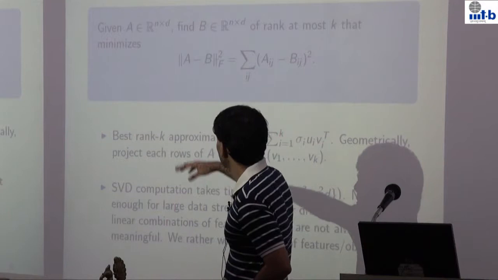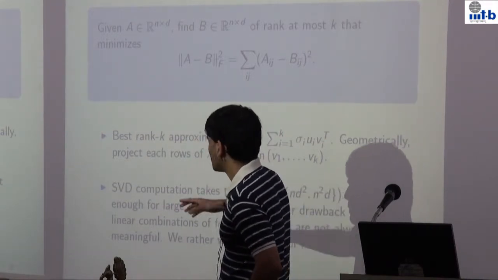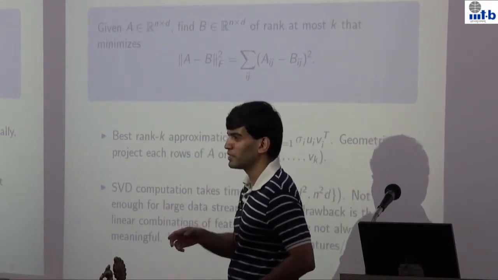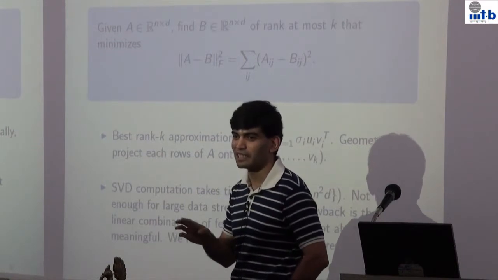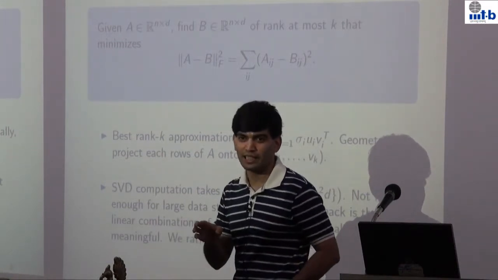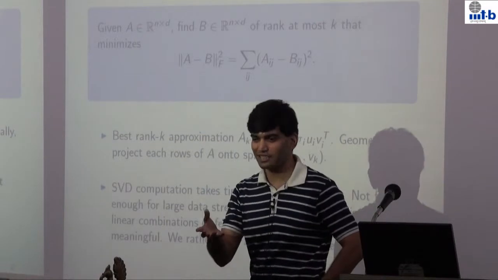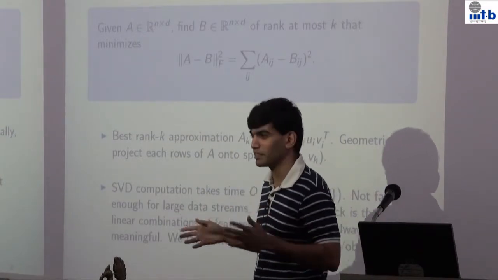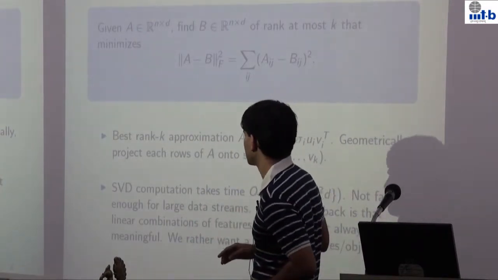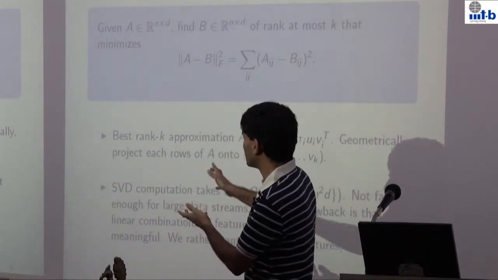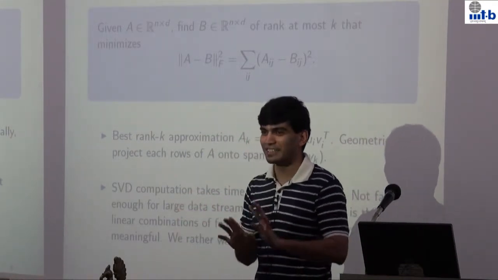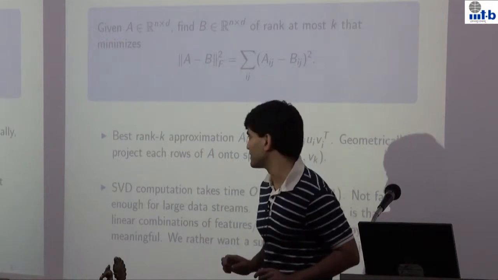Singular value decomposition also has a name in machine learning, which is PCA, principal component analysis. It essentially centers your data and then computes the singular values and singular vectors. I'm just telling you what it means geometrically and linear algebraically, nothing else.